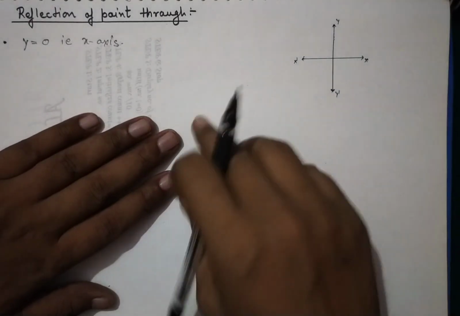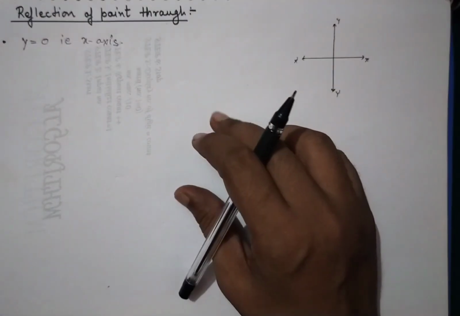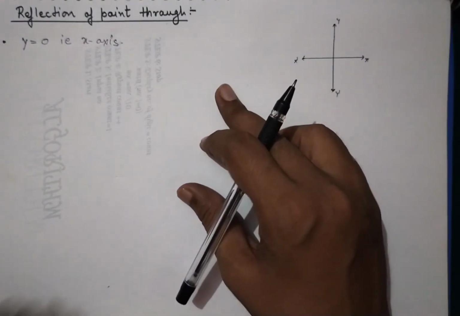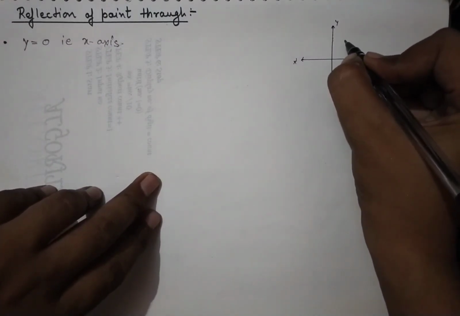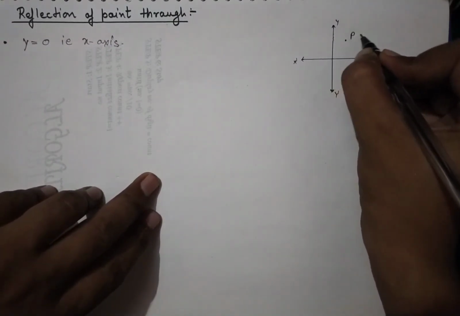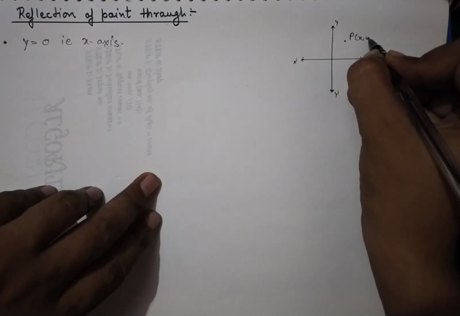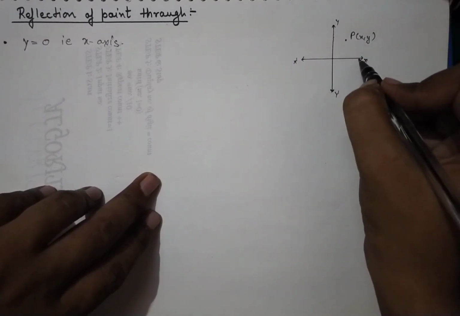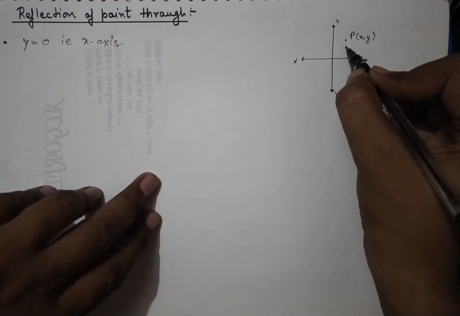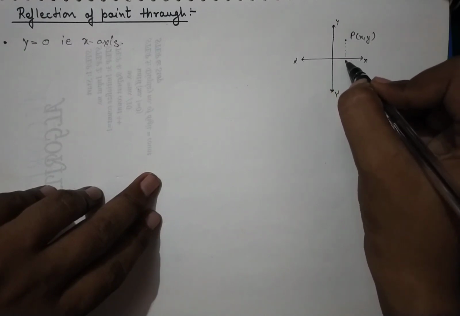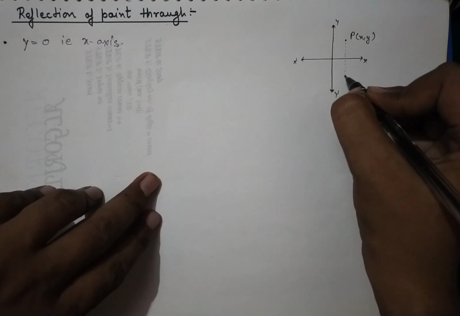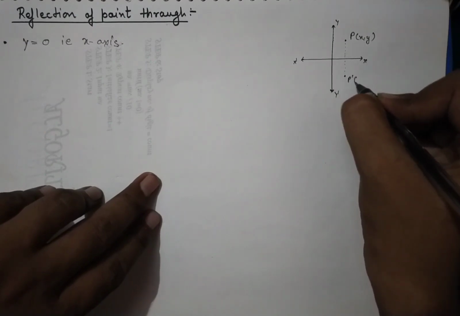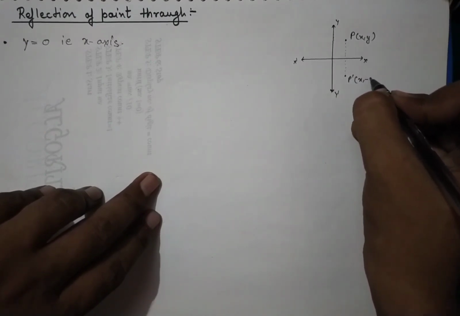Now the reflection of a point through y equals 0, that is the x-axis. If we have a point P over here, that is (x, y), and it is reflected through the x-axis, it will take the same distance on the other side, and this will become P dash with (x, minus y).